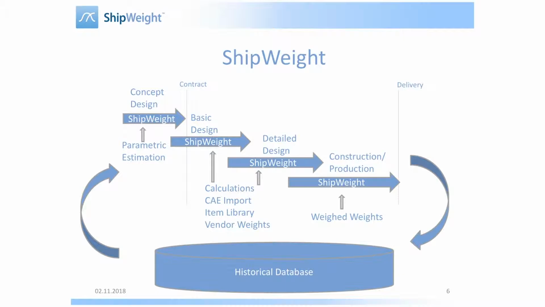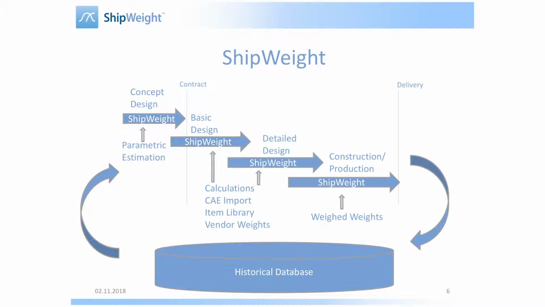So let me dig into ShipWeight and give you a brief overview. ShipWeight is a tool for all kinds of weight engineering, which means it can be used in the very early phase, the concept design, and at this stage it's using parametric estimation based upon historical data. After the contract, you can further use it in basic design and detailed design, and in this phase you have calculations and imports from CAD systems, imports from vendor rates, and item libraries.